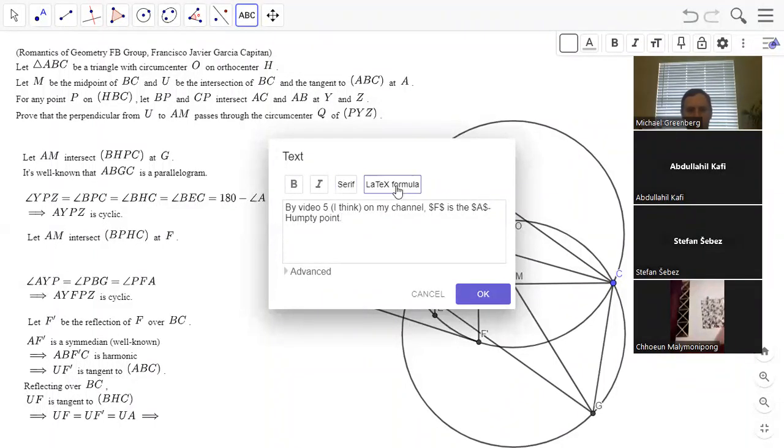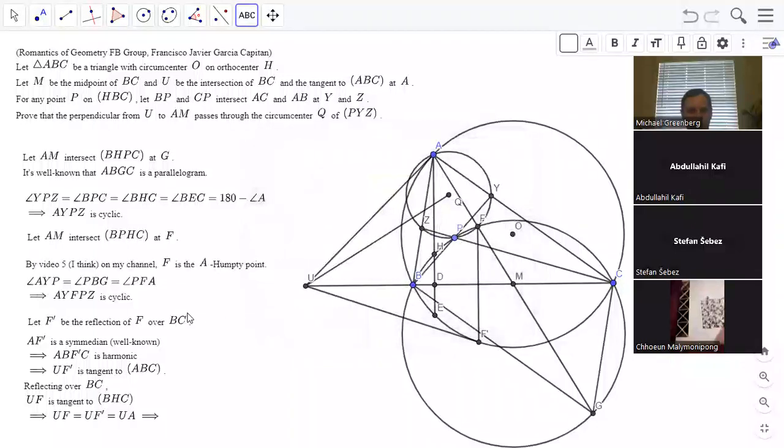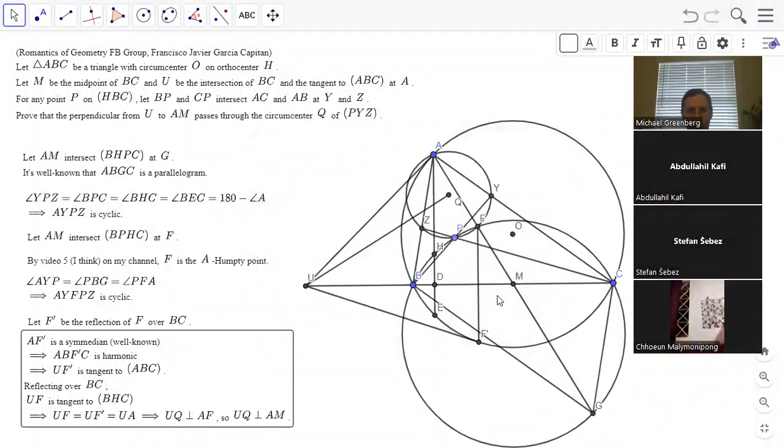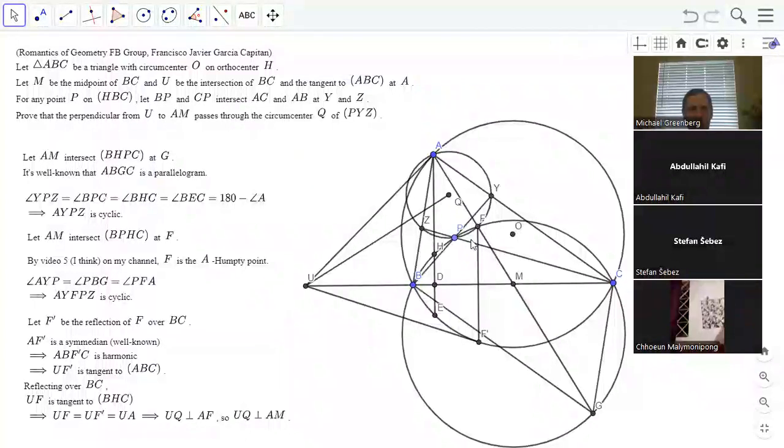And then that implies UQ is perpendicular to AF. All right. Sounds good. So we will move on to the next one.